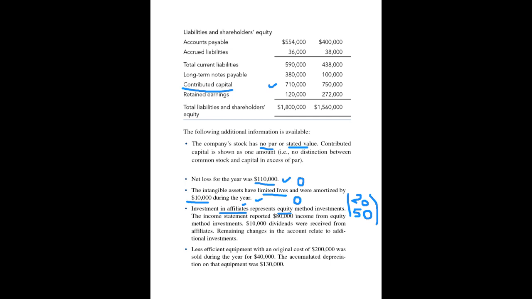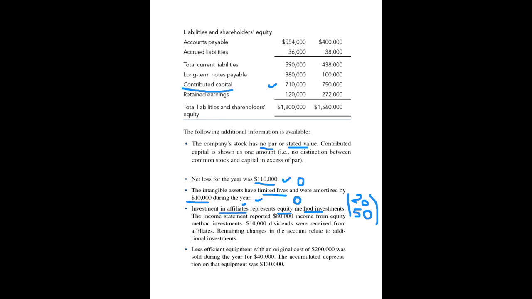Now, in order to record the investment in affiliates, companies use different methods. One of the methods they use is known as the equity method. I want you people to pay attention at this point, because the equity method has some specifications.